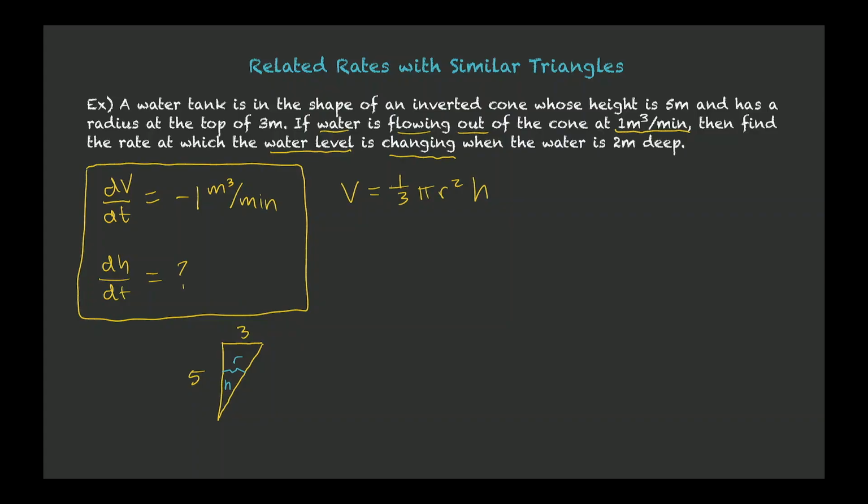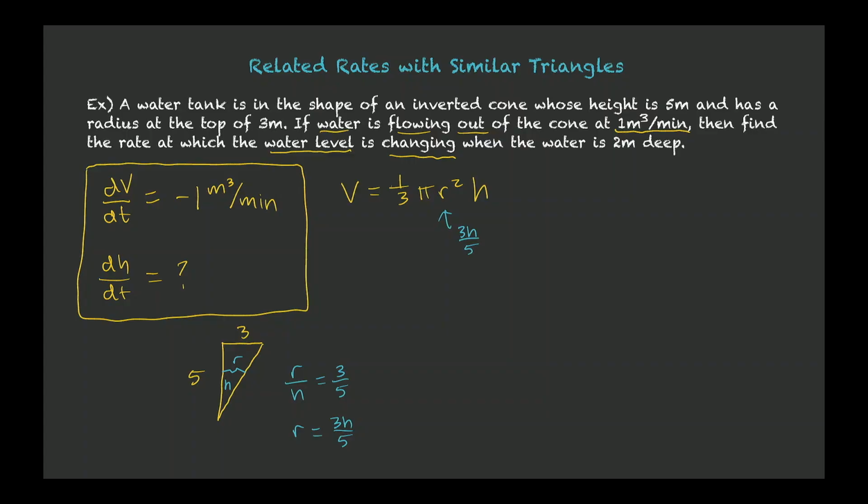So we get an equation like r over h is in the same proportion as 3 over 5. And then we can solve this for r by multiplying h over, and we'll get r is equal to 3h over 5. And then we can take that and plug it in for r in our equation for a cone. So 3h over 5 will get plugged into the volume of the cone.